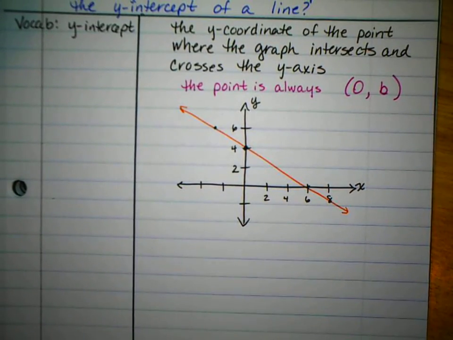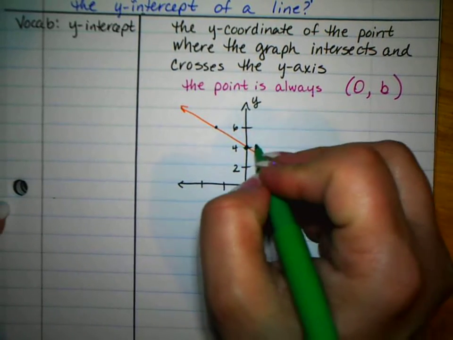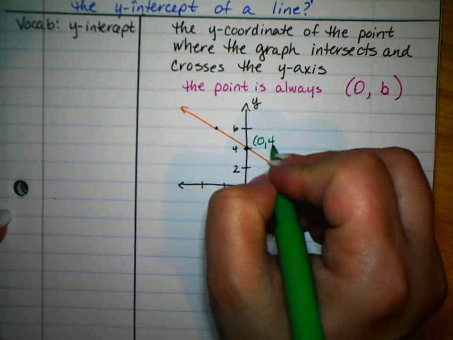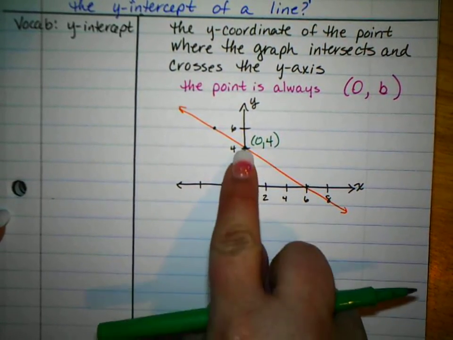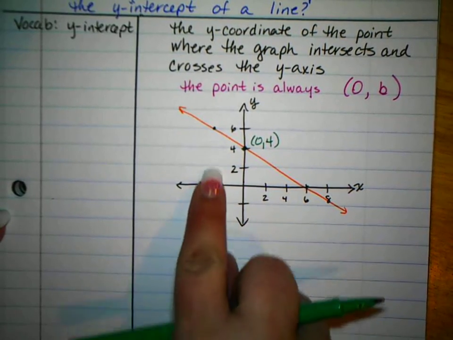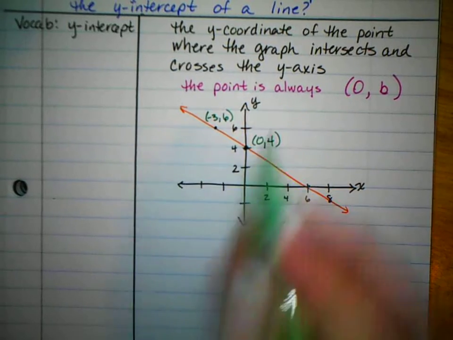Okay, so this would be the graph that's there on page 95. And we're going to look at this. This point here is (0, 4), because you went nowhere on the x-axis, you went straight up to 4. This point here is (-3, 6).